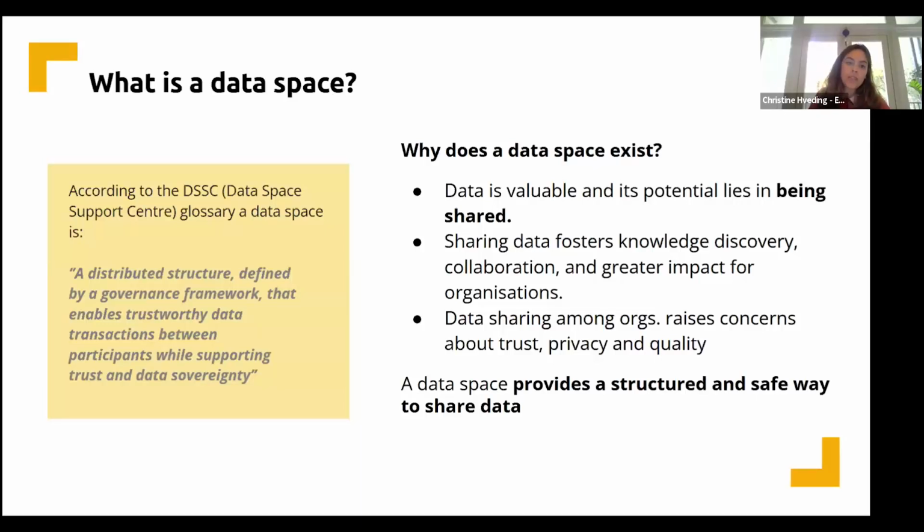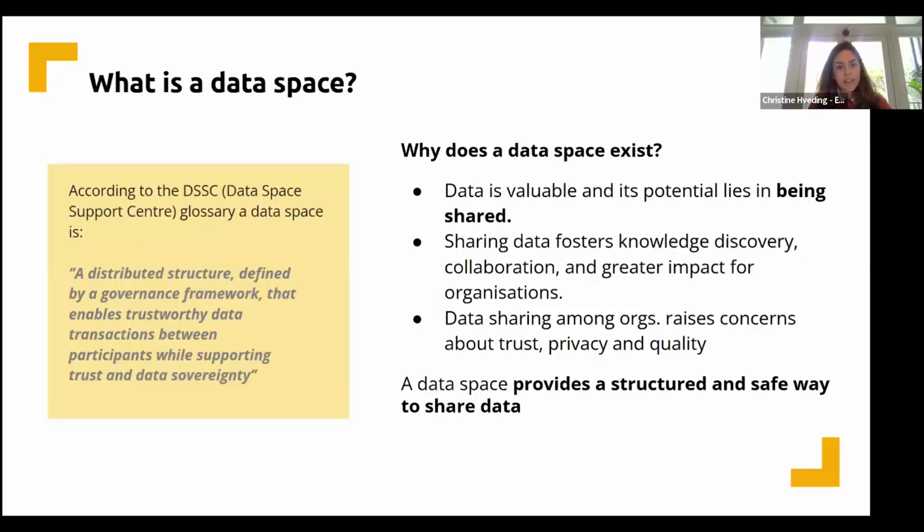However, the true potential of data is only realized when it is shared. Data sharing across organizations allows organizations to come to new insights and to collaborate better and more efficiently. But this also raises important questions regarding trust, privacy, and quality.